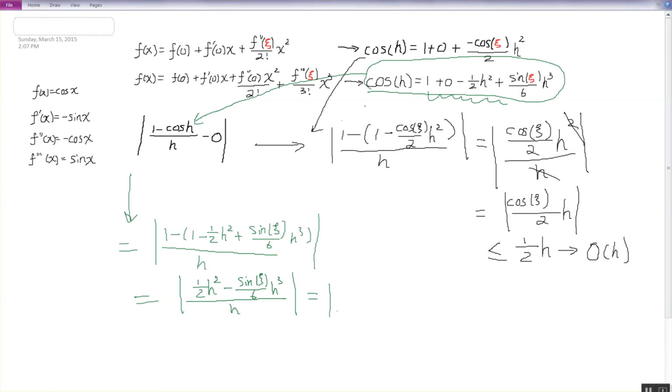You are left with 1/2 of h minus sine xi over 6 h squared. Now you have trouble bounding this time because you have two terms here, and how do you bound? It's tough, right? So therefore this is not a good way to do. This is the correct way to do.